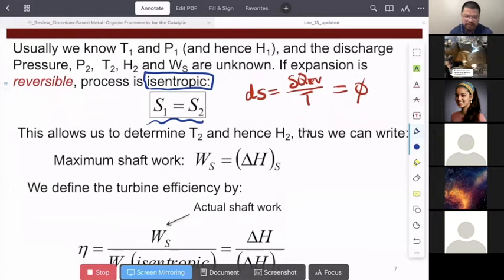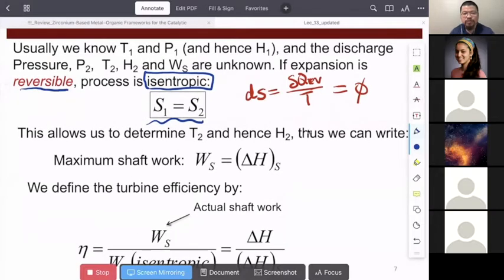So here you can see that we are looking at the ideal reversible turbine, which will satisfy the isentropic definition. Since we are not wasting any heat to the surrounding, the maximum enthalpy change will be converted into the shaft work.